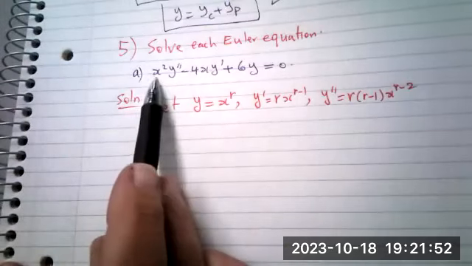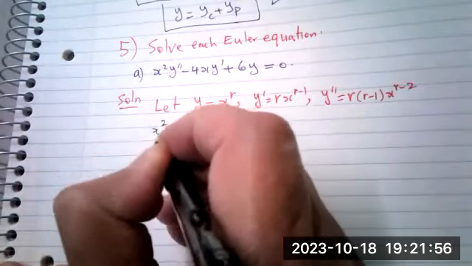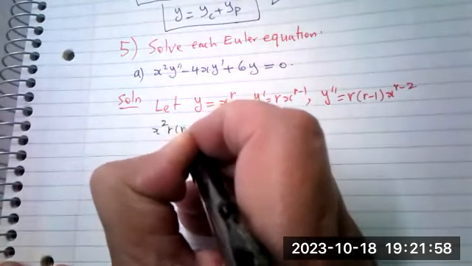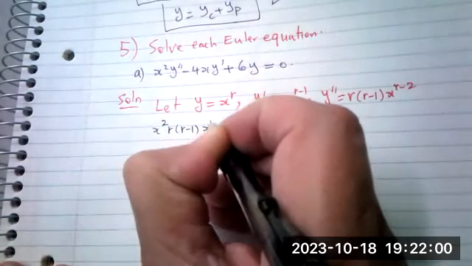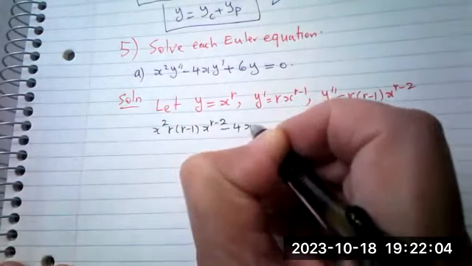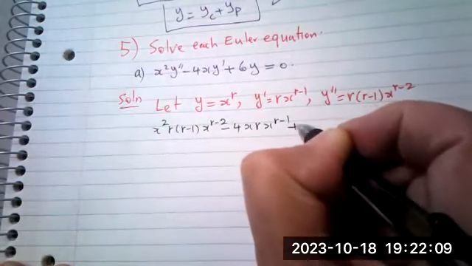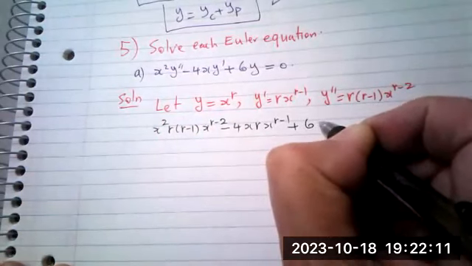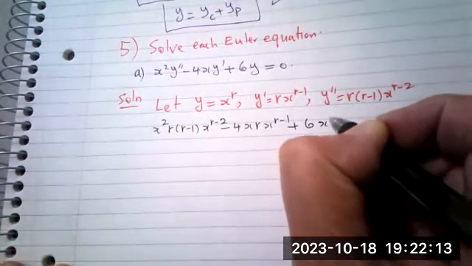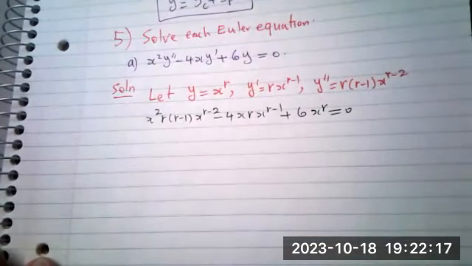Substitute here. It's going to be x squared times r times r minus 1 x to the r minus 2, minus 4x times r x to the r minus 1, plus 6 times x to the r, equal to 0. Remember, all of them are x to the r, so we can drop the x's.